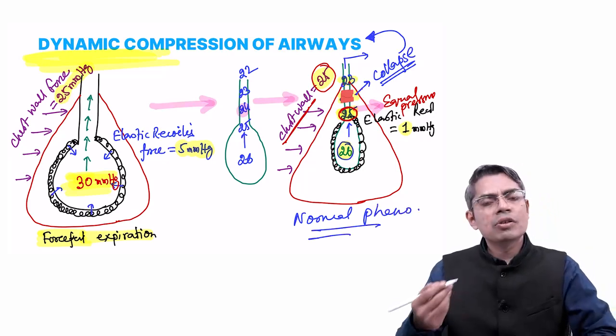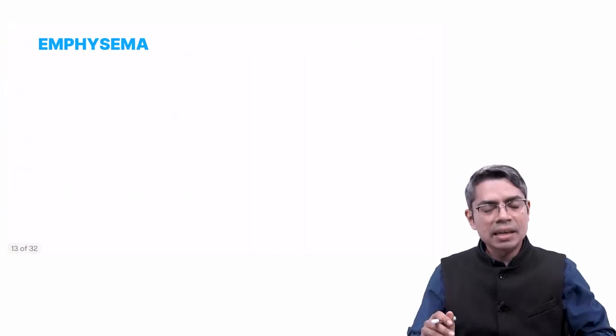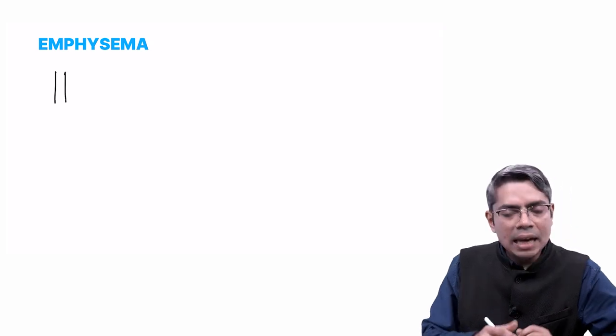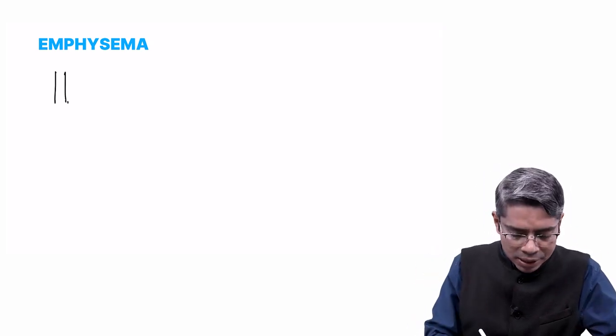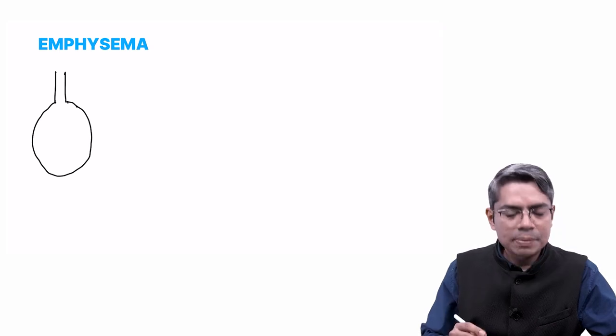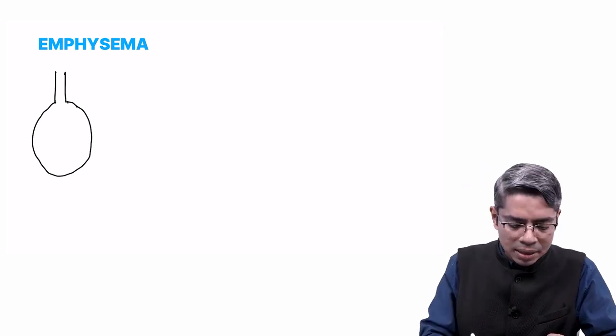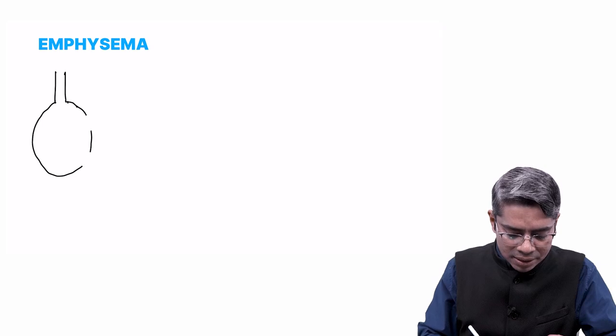Okay, how is this normal phenomenon different in case of obstructive disease or emphysema? Now we are going to understand that. In case of emphysema, we know that the alveoli are hugely expanded, and because of the huge expansion, some of the alveoli get ruptured.